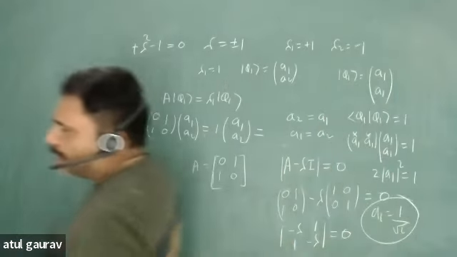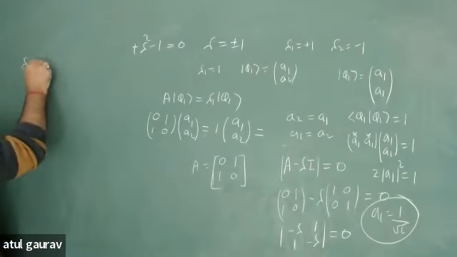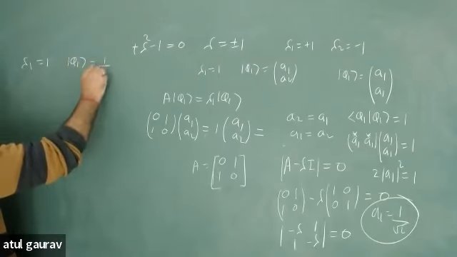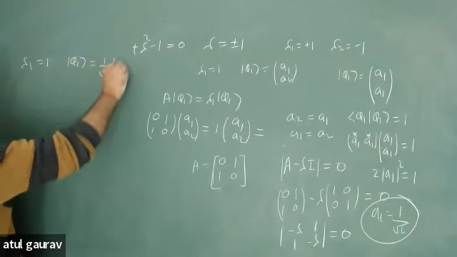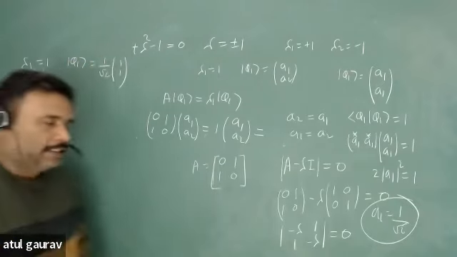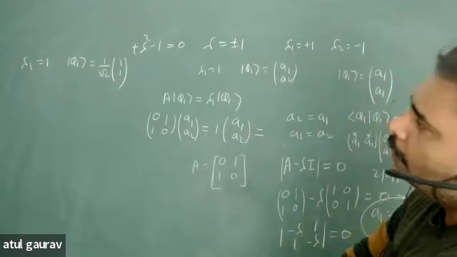So what is your first eigenvector? Lambda 1 is equal to 1. The eigenvector phi 1 is equal to 1 by root 2 times 1, 1. And this is your normalized vector, isn't it?